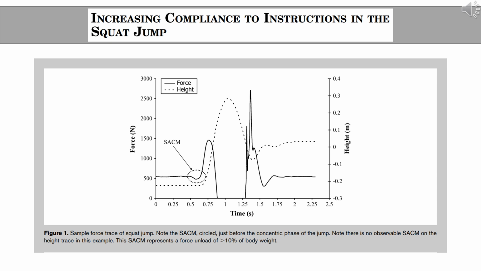And the reason the naked eye can't often see this is because, remember, in a counter movement jump, the movement starts with an unweighting phase. That is to say, we get meaningful changes in force before the human eye can actually see any movement occur.